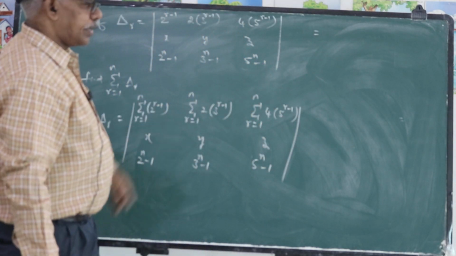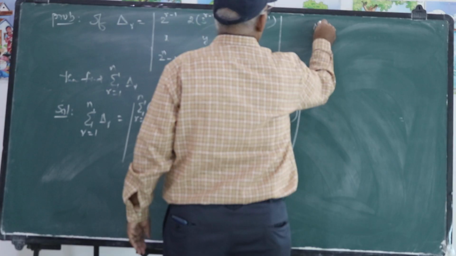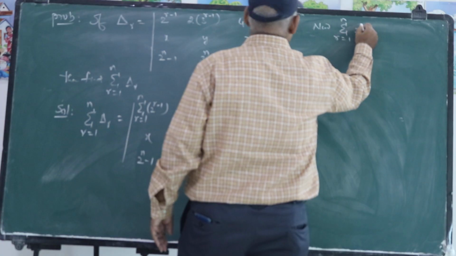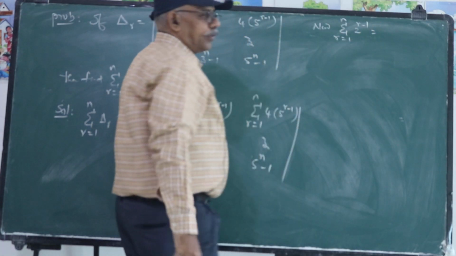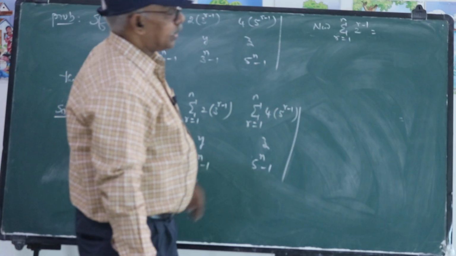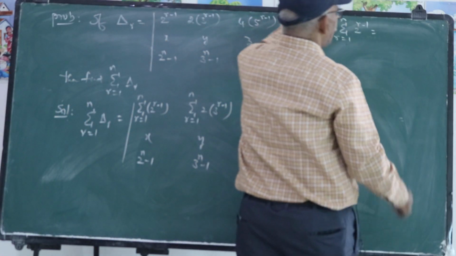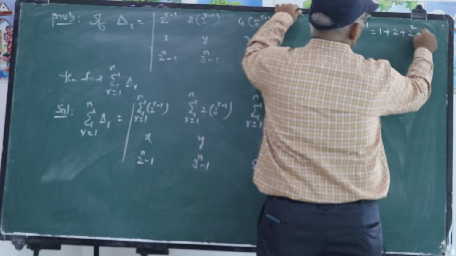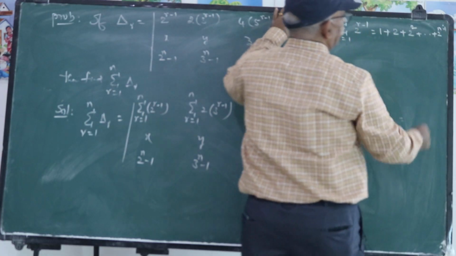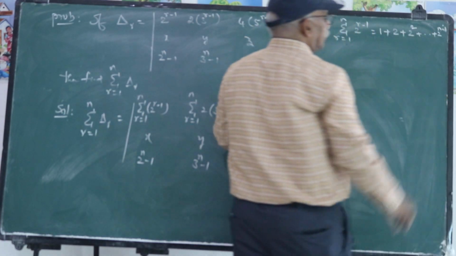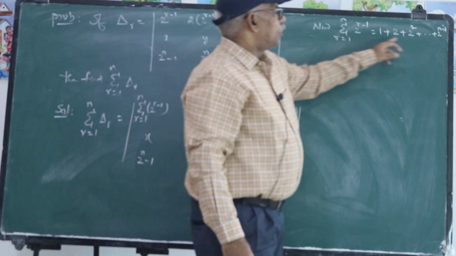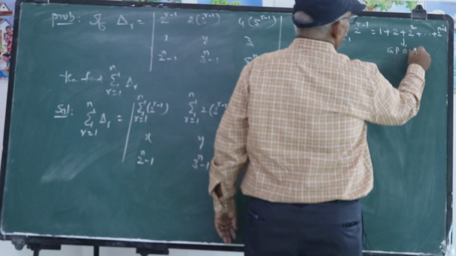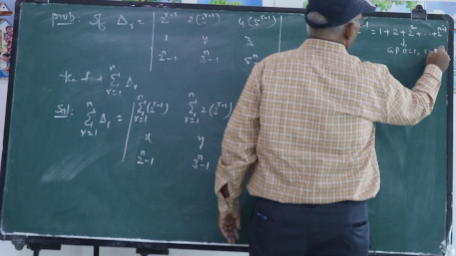Now consider sigma r equal to 1 to n 2 power r minus 1. For r equal to 1 it gives 2 power 0, for r equal to 2 it gives 2 power 1, like that up to 2 power n minus 1, which are in GP clearly. This is GP with a equal to 1 and common ratio r equal to 2.